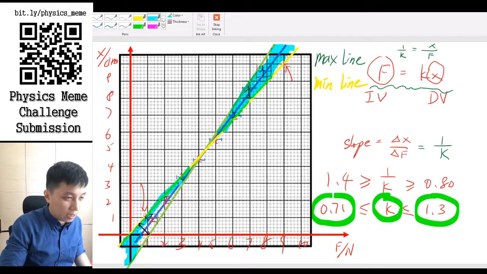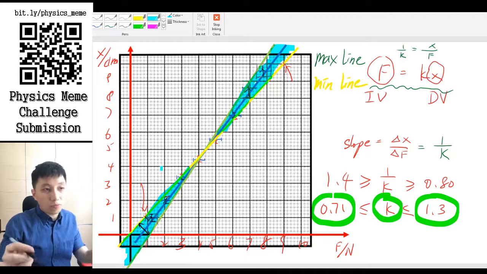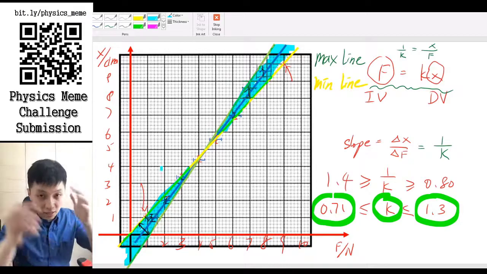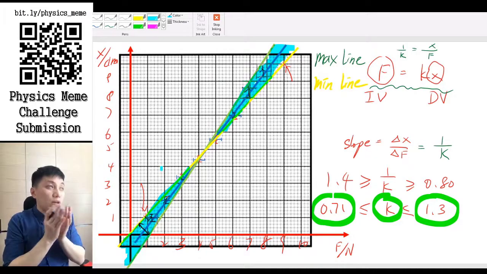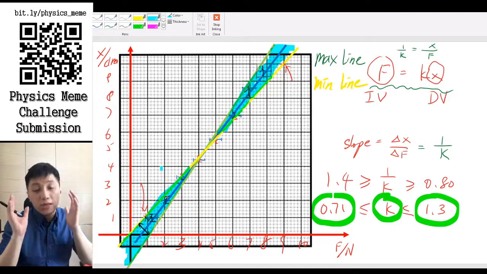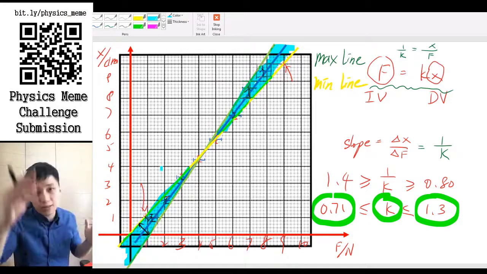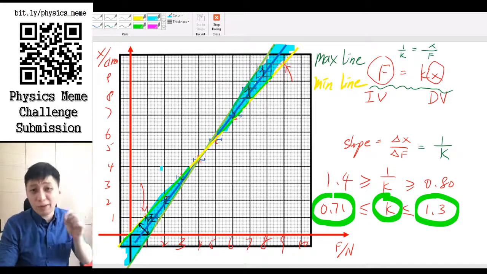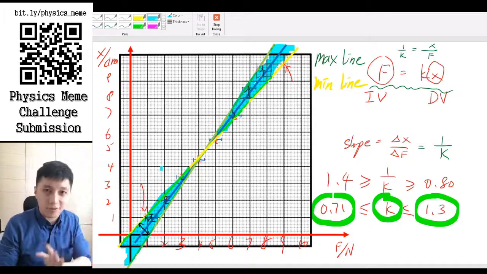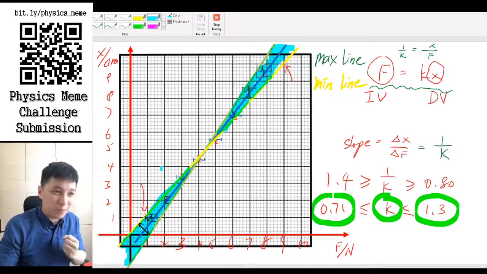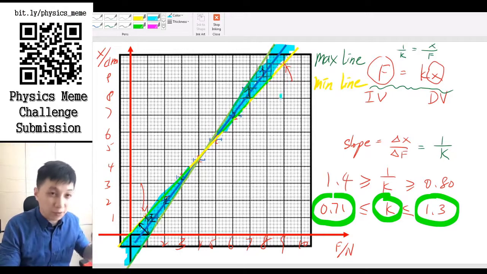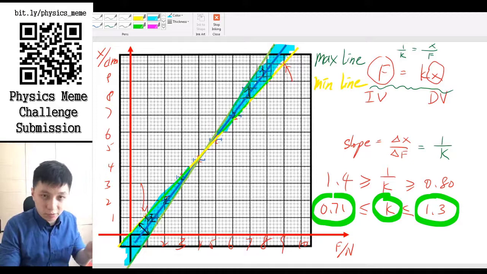So all the color that I'm showing you right now in blue will be so-called the valid area. So that means the relationship could actually be acceptable and happen within this area. Of course, you don't have to color it, okay? Don't do that in the real graph paper of yours. But then I'm trying to show you, in this case, then this area will cover. The most important thing is it cover the origin as well, just like what I showed you earlier when I zoom in.